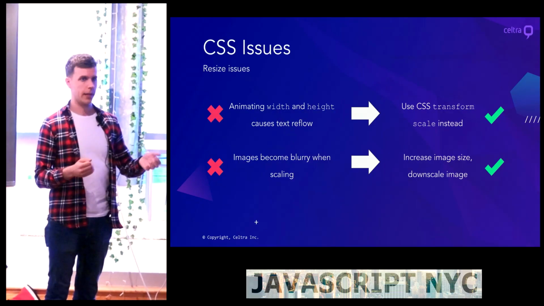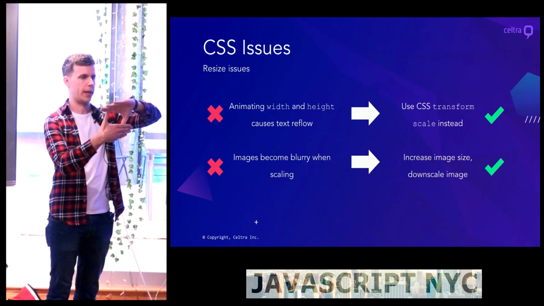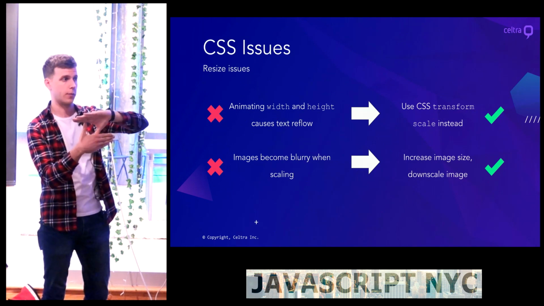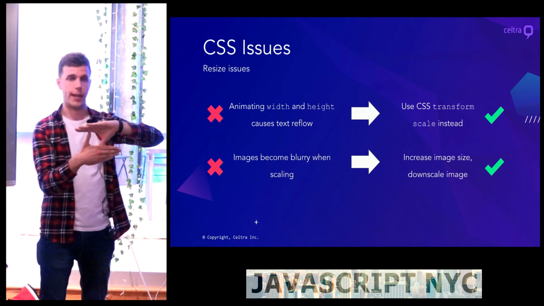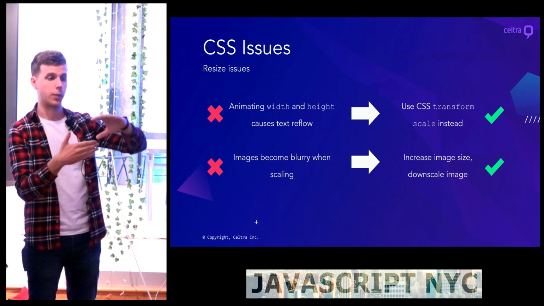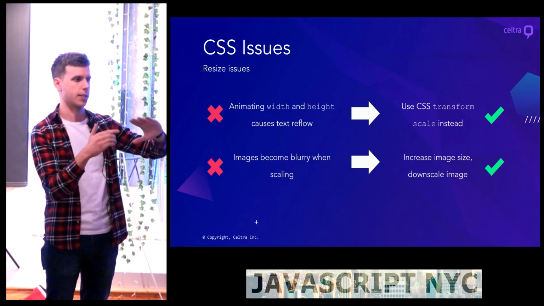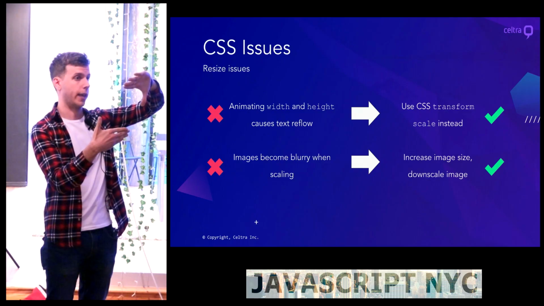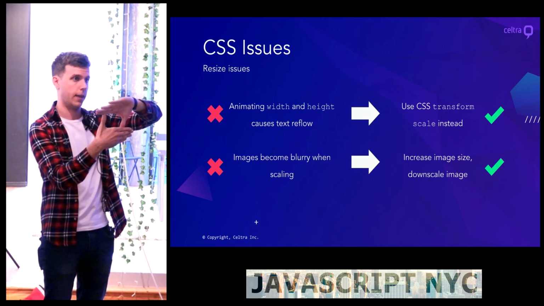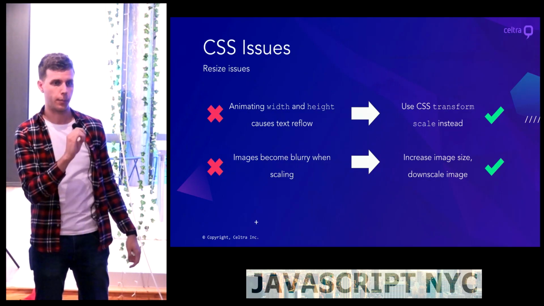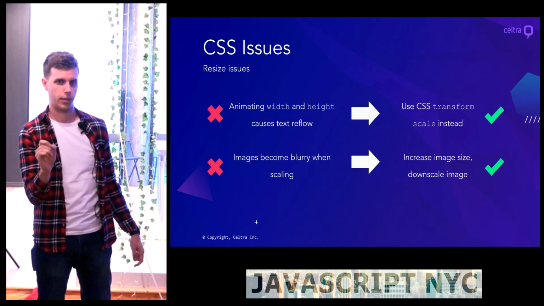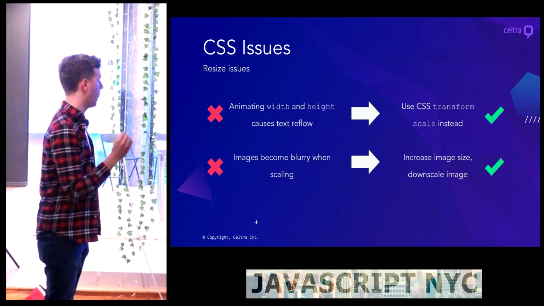For example, if we have a 100 by 100 pixels image, and we want to scale it 2 times, right? We wouldn't scale it from 1 to 2, but instead we would increase an image size before the animation starts to 200 by 200, and then we would downscale it to 0.5. And we would animate it from 0.5 to 1 instead of from 1 to 2. Does this make sense? Okay, hopefully.